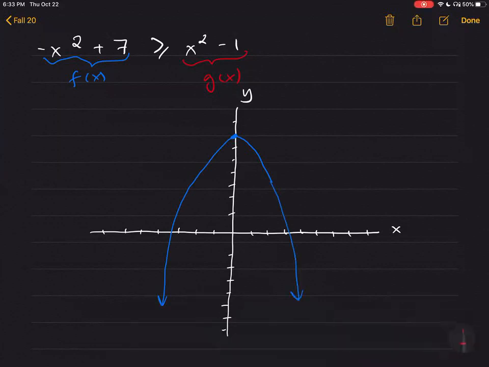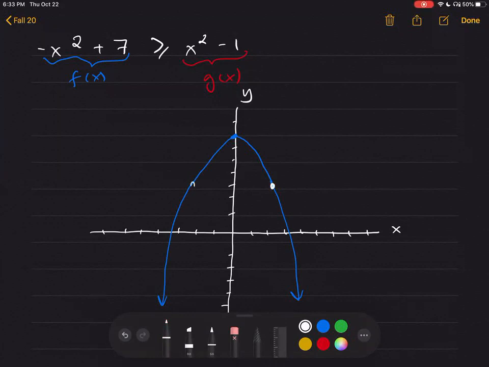Luckily, these do not have to be pretty for us to be able to find where they cross. And I already know they should cross at 2, 3 and -2, 3. So when I draw this, it's going to go like that and like that. So those points again were 2, 3, and -2, 3.